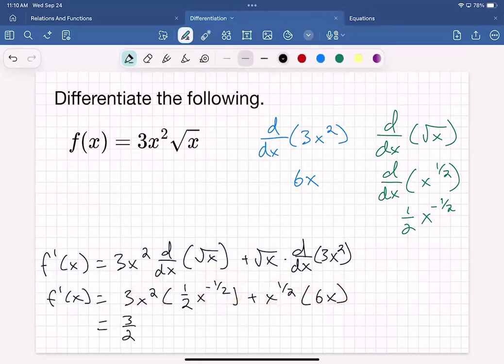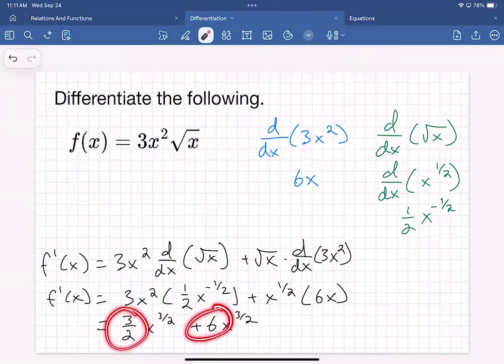Using that same kind of common denominator thing, both of those will end up giving us 3 halves. If you take 2 and subtract a half from it, I have 3 halves. If you take 1 and add a half to it, we have 3 halves. Is everyone good with the 3 halves here and the 6 out front?